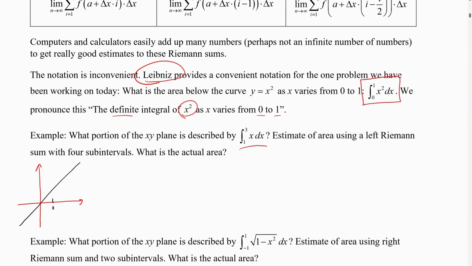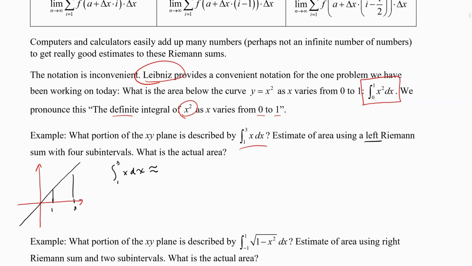I can go from 1 to 3, and this is the area that we're talking about here. All right? Well, what would happen if we try to make an estimate using a left Riemann sum with 4 subintervals? What do we think the approximation of that integral is?